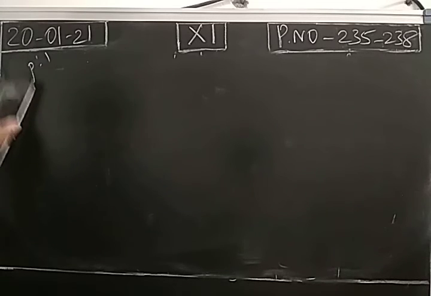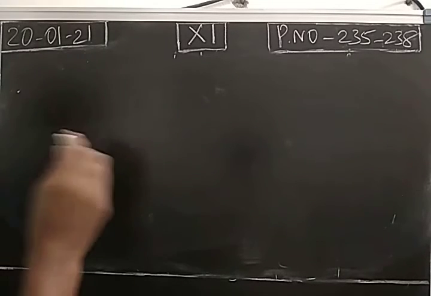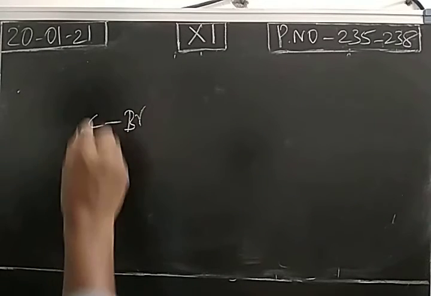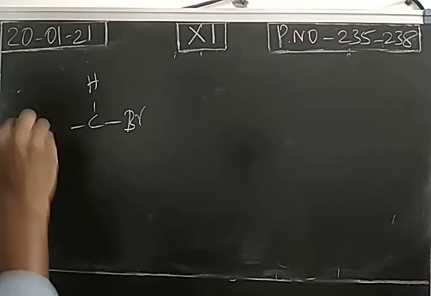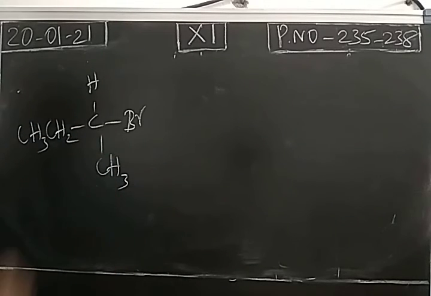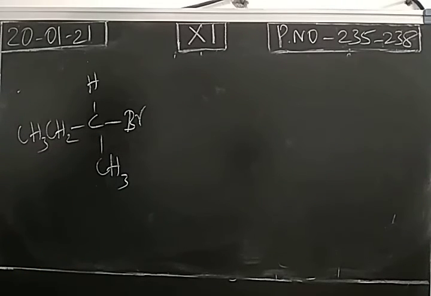2-bromobutane. Take this secondary alkyl halide. The head carbon is secondary. It is attached with 2 carbon atoms.